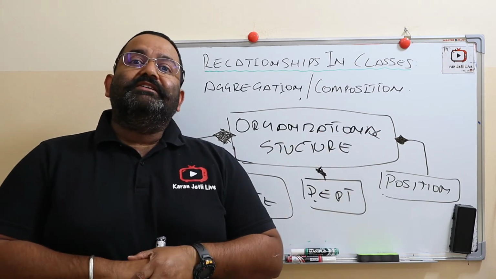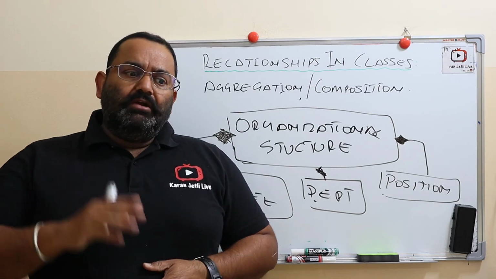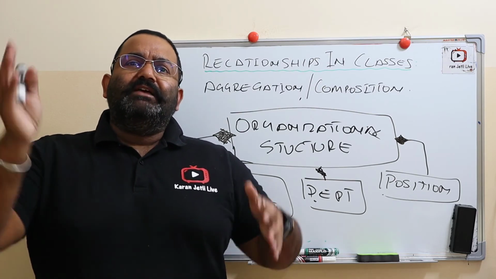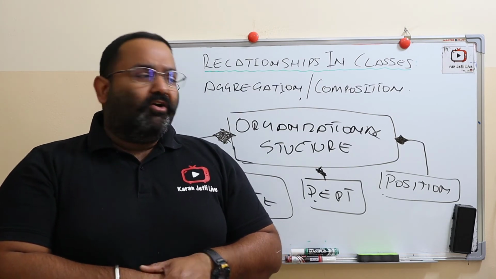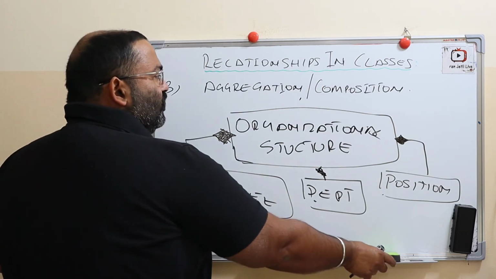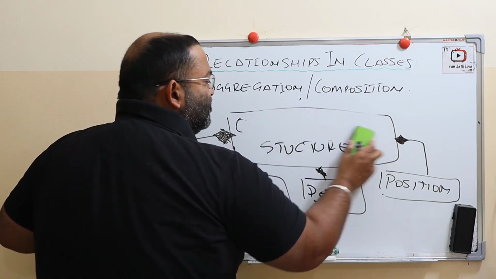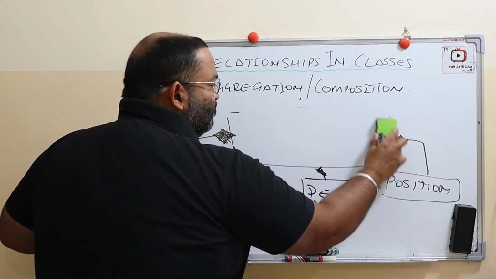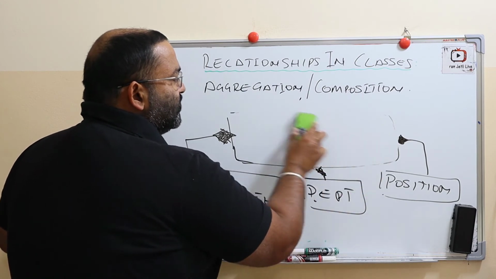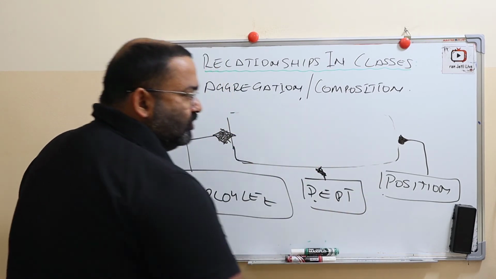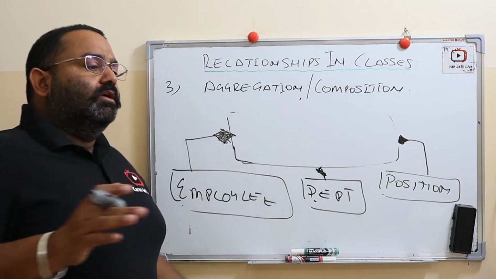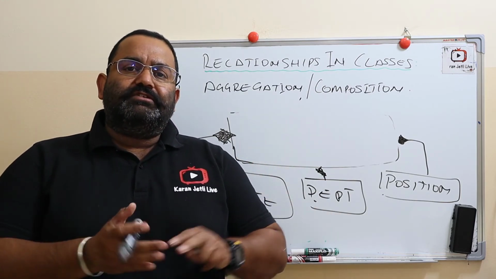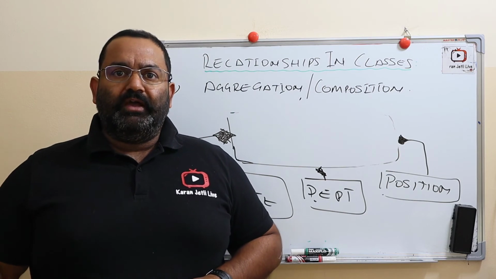Who tells? The organizational structure. Now guys, if the company cancels the organizational structure, which was telling me what I was in the hierarchy, what my position was, and which department I belonged to, now this is gone. So the company says, okay, the present organizational structure is null and void, we are not going to follow it anymore.